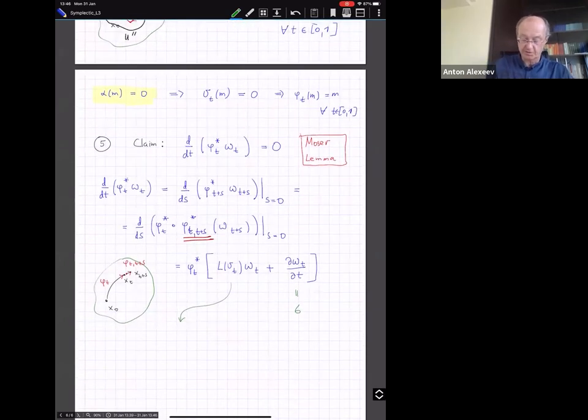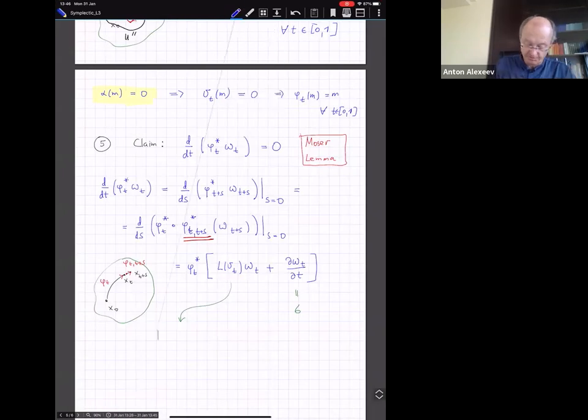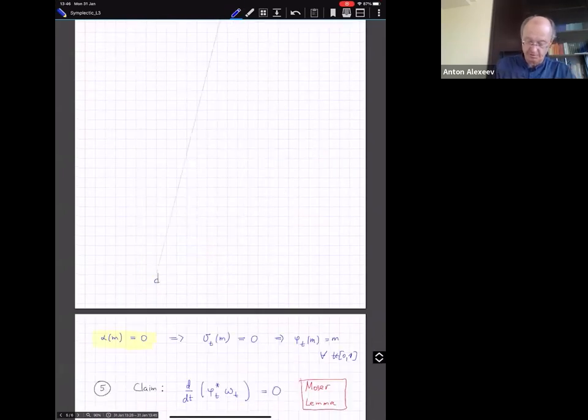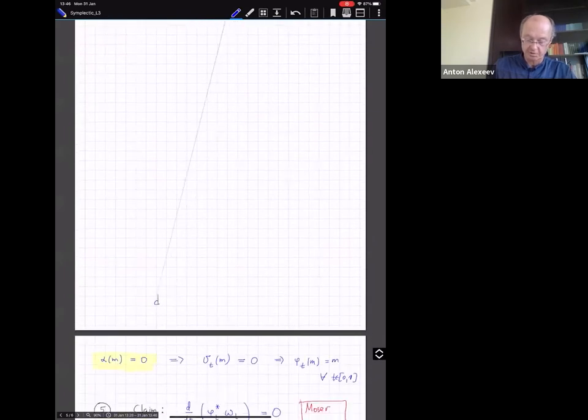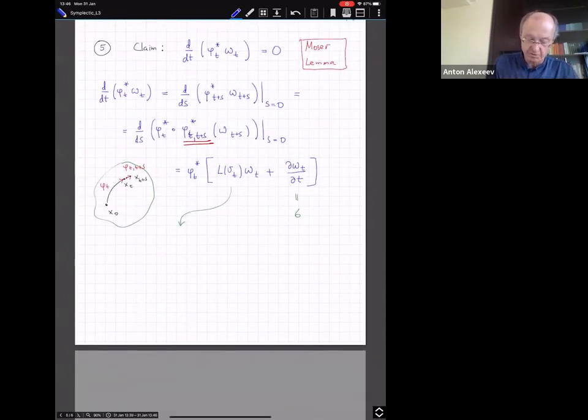Now, what about this Lie derivative? It is equal to d iota vt omega plus iota vt d omega.